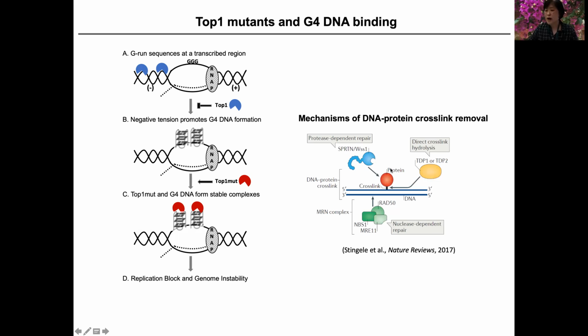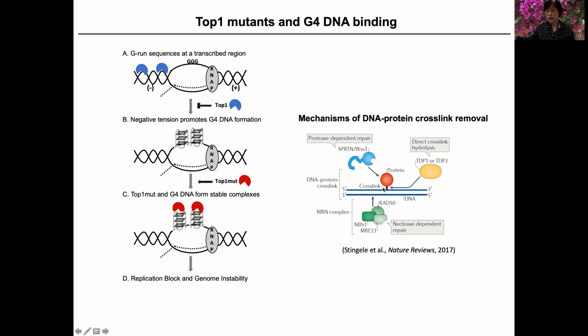And for this to happen, first of all, this protein has to be modified by adding SUMO protein onto it. And Spartan, or WSS1, which is the yeast name for Spartan, are metalloproteases that recognize these SUMO-modified proteins on DNA and come and degrade them.